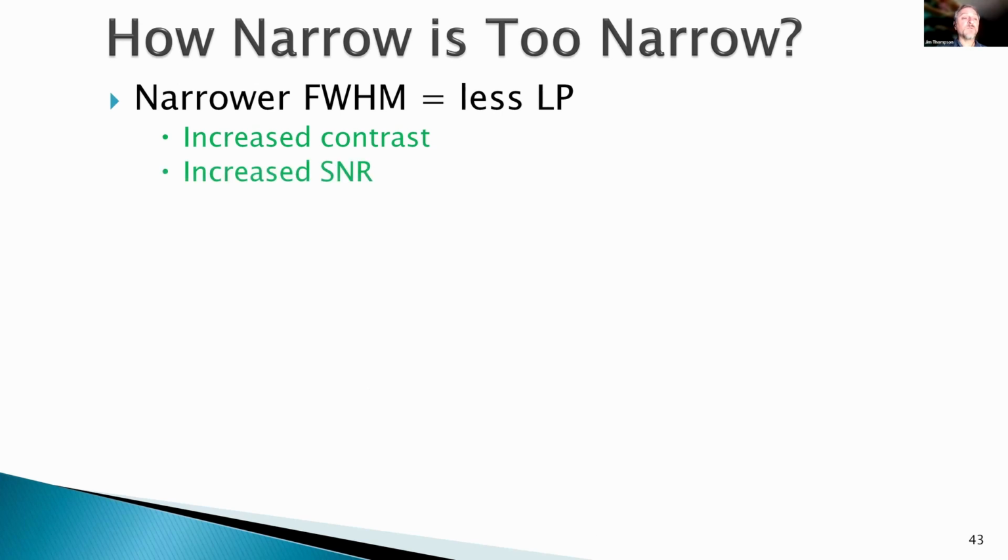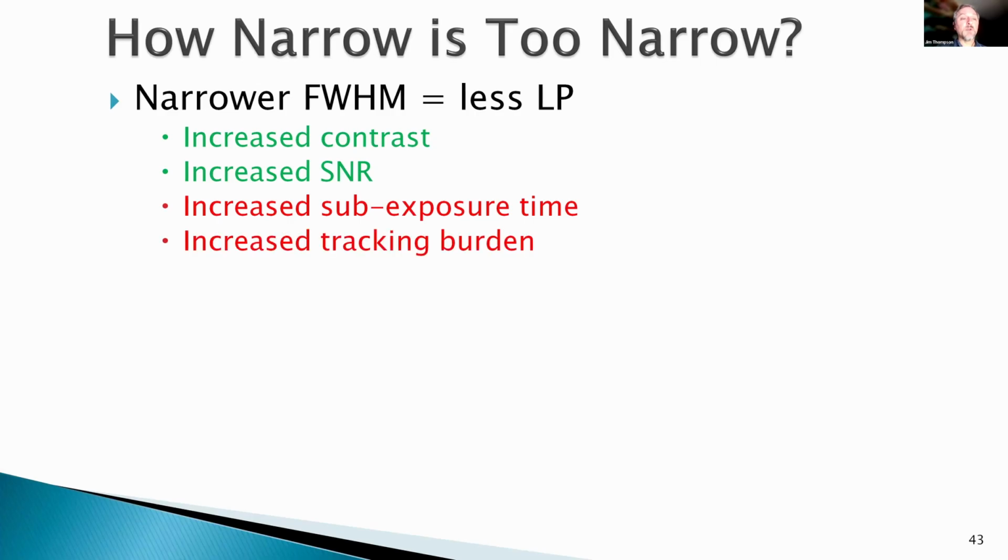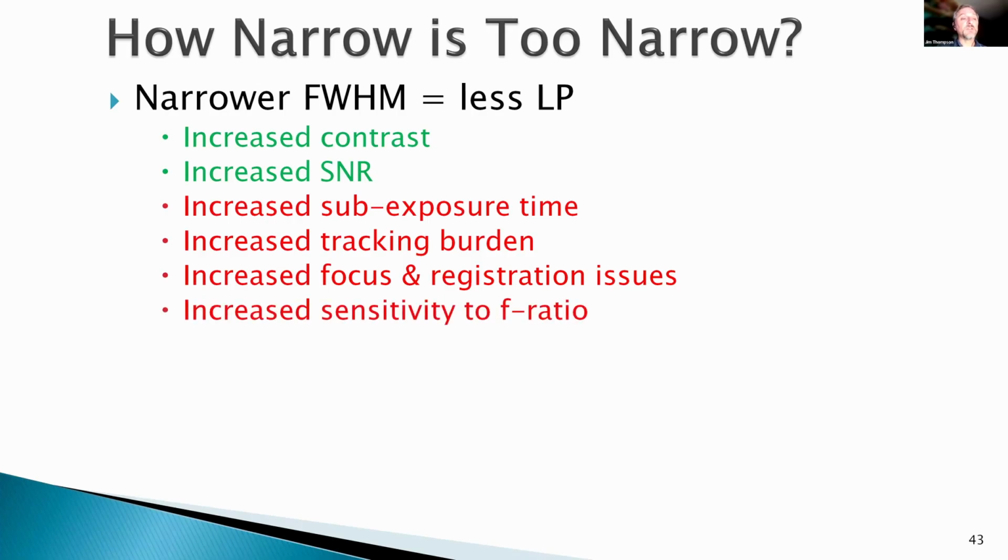There are also numerous disadvantages, such as increased subexposure time, increased mount tracking, increased difficulty with guiding and registration of images, increased sensitivity to F ratio, and perhaps most importantly, increased cost.